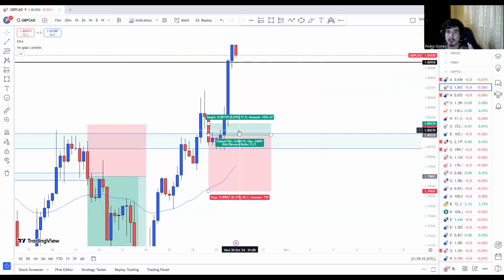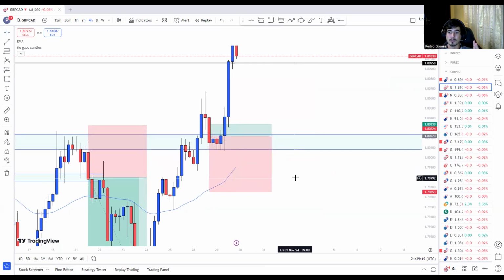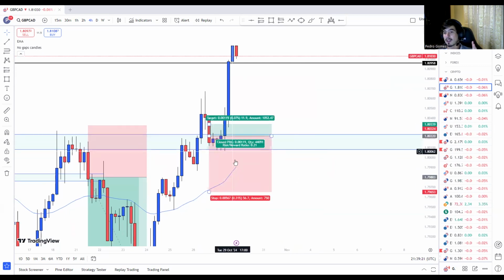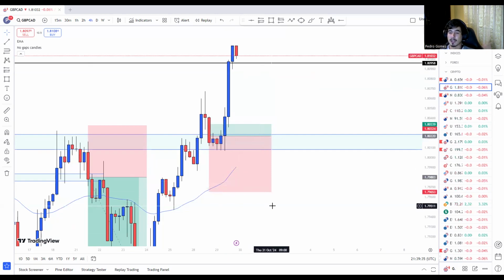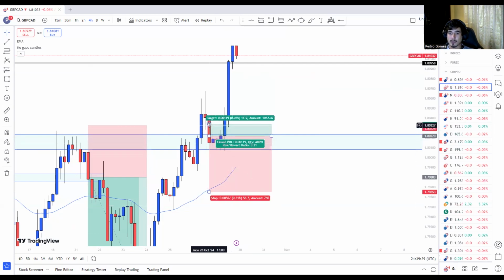Okay, we only risk the starting capital, because if you risk 100% of the account every time and you lose the trade, you lose all the money that you have in your account. So what I do is I start one account, let's say 100 bucks, and we do 20%.